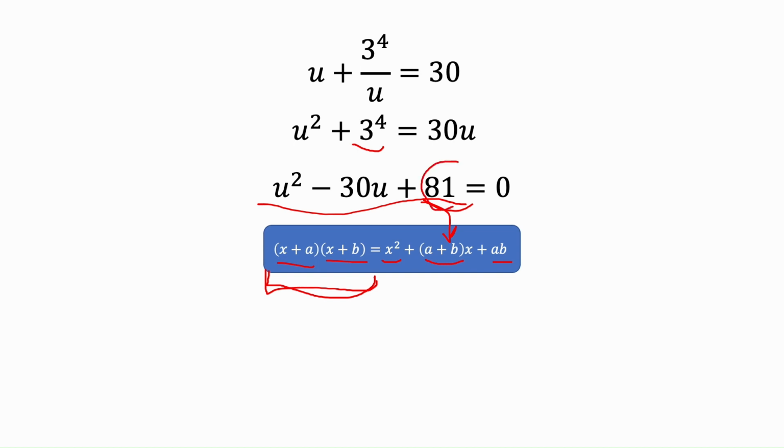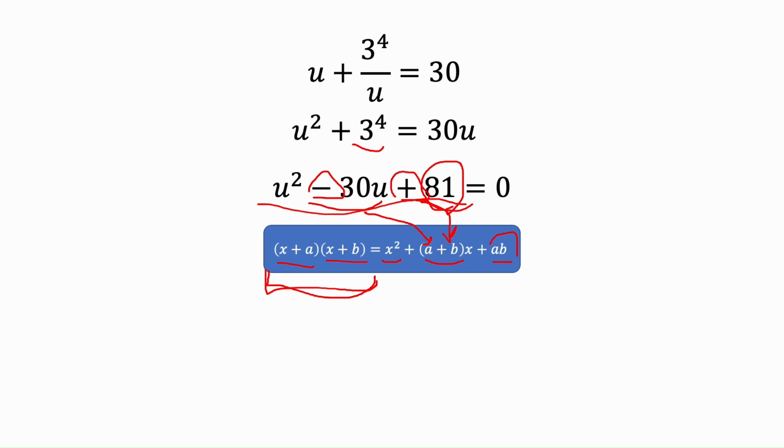81 is the multiplication of two numbers, which is ab, and minus 30 is the summation of those two numbers, which is a plus b. So for 81 and 30, here we have minus, so both of them should be negative because the multiplication is positive.